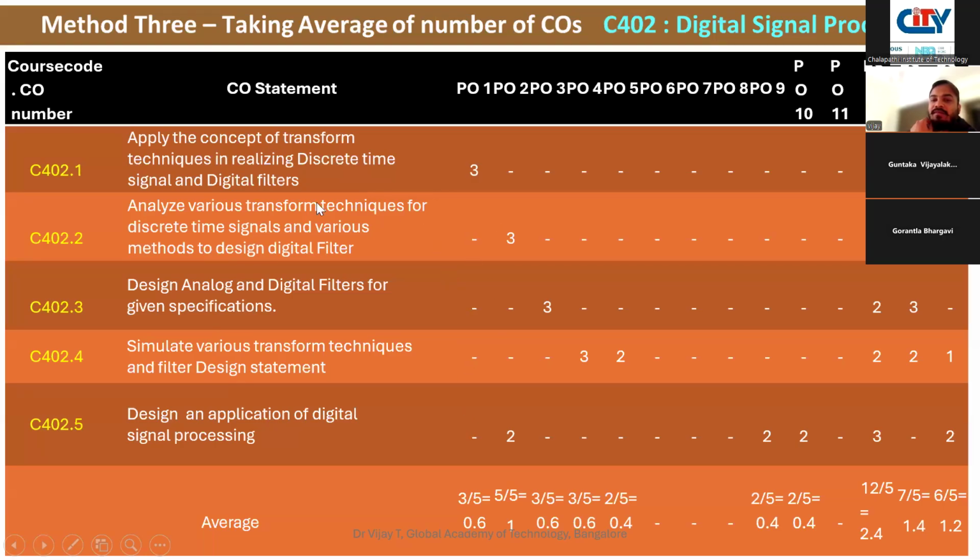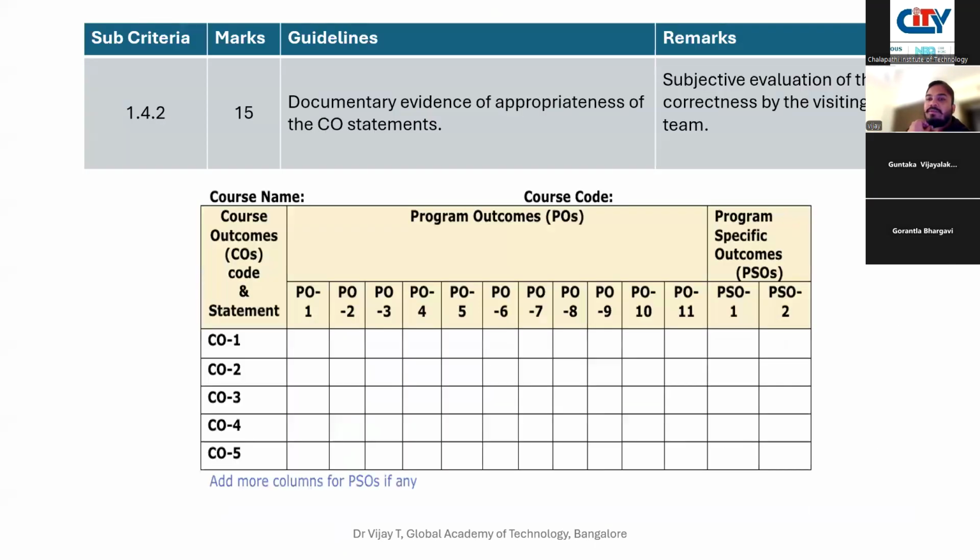So 3 divided by 5, the total number of COs, gives you the modal values for taking the attainment levels, right? The method you follow will be reflected in Criterion 3, on whether the program is able to achieve or not, and if not achieved, why, and how the gap analysis is done. All of those will follow.